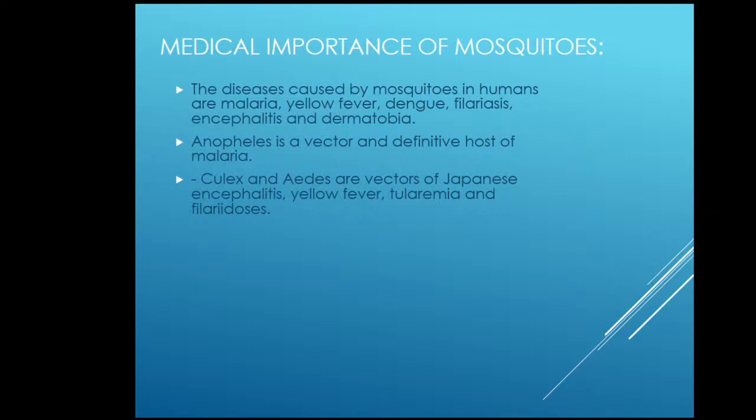So, the female of mosquito Anopheles is vector and final host for Plasmodium. Plasmodium, as you remember, is the causative agent of malaria. Culex and Aedes are vectors for Japanese encephalitis, yellow fever, tularemia, and filariasis.